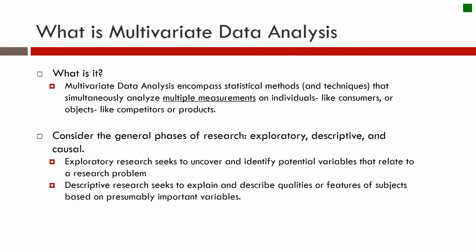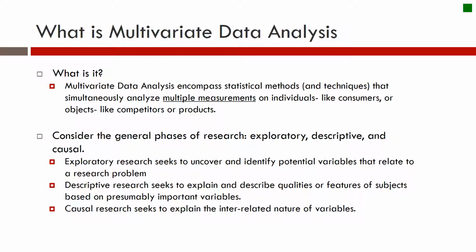When we focus on descriptive research, we're looking at statistical descriptions of the variables that we're interested in. So we want to use those variables to describe our subjects under investigation. And then finally, causal research is when we want to look at different variables and their interrelatedness.